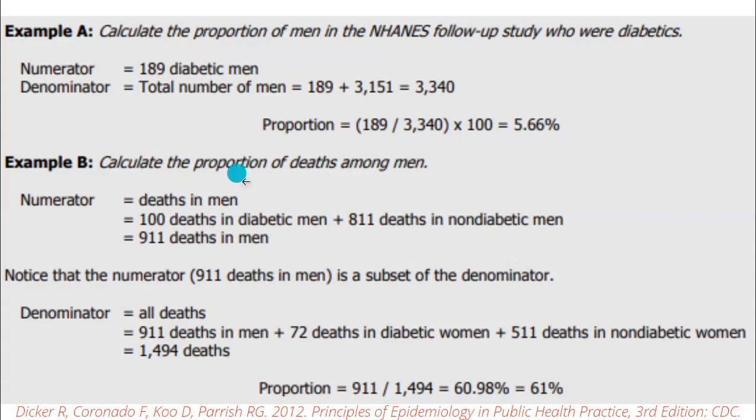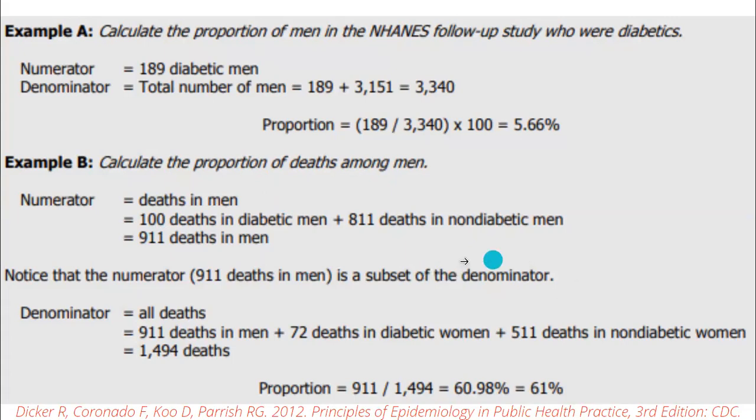Because we need to calculate the proportion of deaths among men, in the numerator we need to compare the total number of deaths occurring in men only. So we have 100 in diabetic men and 811 in non-diabetic men, giving a total of 911 deaths in men, which is the subset in the numerator.